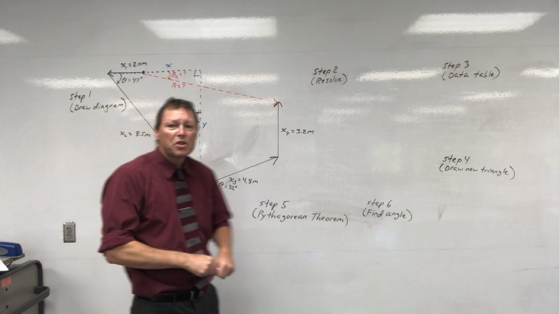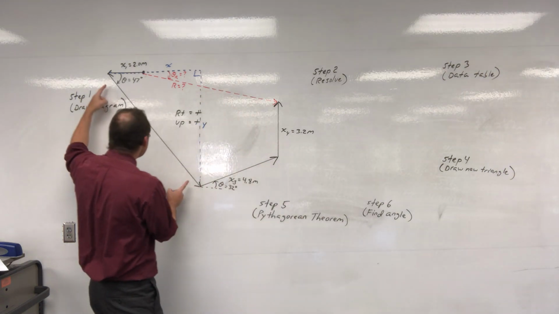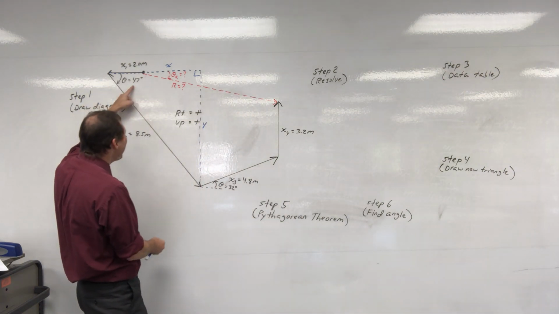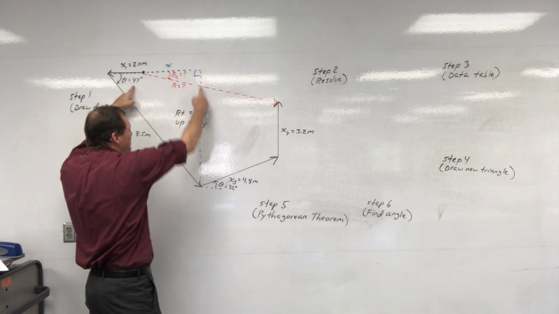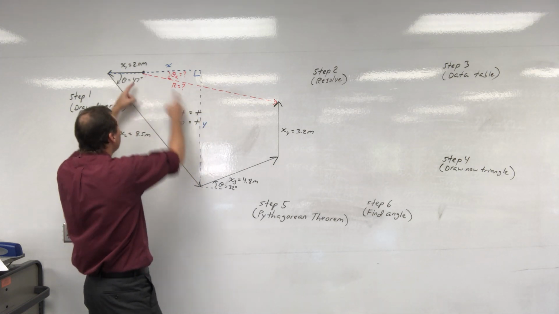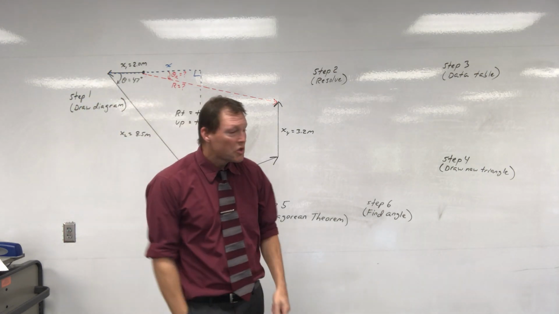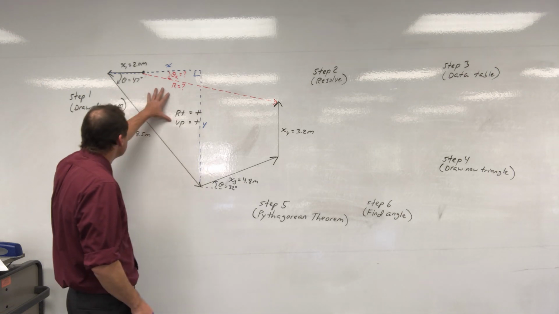And I'm going to use the trig functions sine and cosine to do that, because I have the hypotenuse and I've got the angle. So I need to find the opposite side, right? Opposite the angle. The opposite side is my y component, and the adjacent side is going to be my x component. So let's go ahead and do that for this triangle.